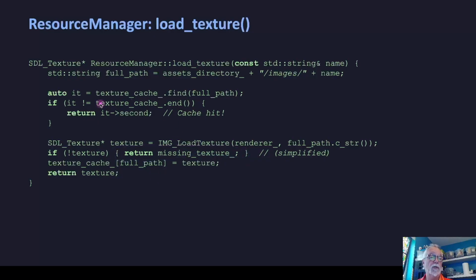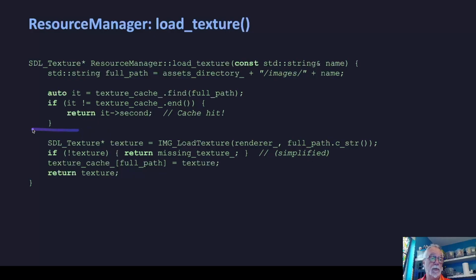So again, what do we do here? We construct the full path, and we have decided for our particular game engine that in the assets directory, we're going to have an images directory, and we're going to add the name. If we find that in our cache, we're done, we've returned it.